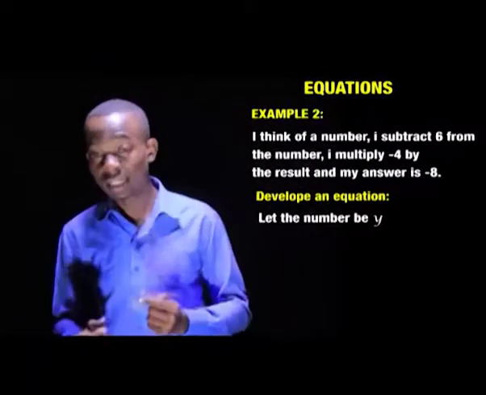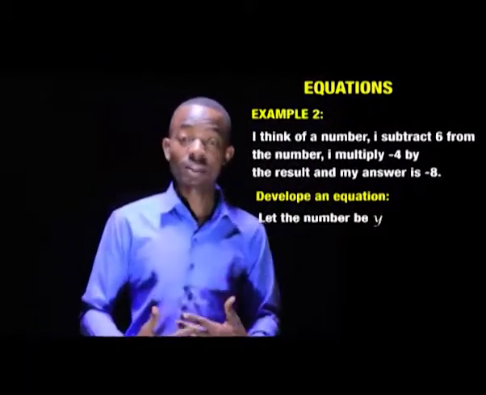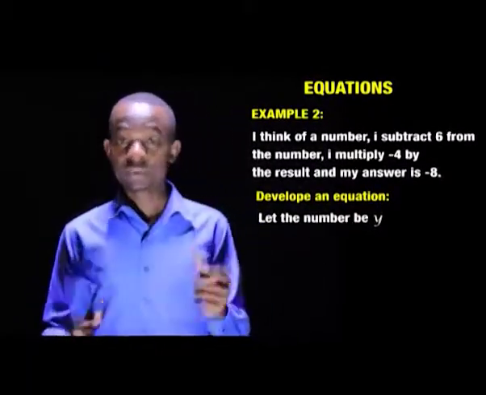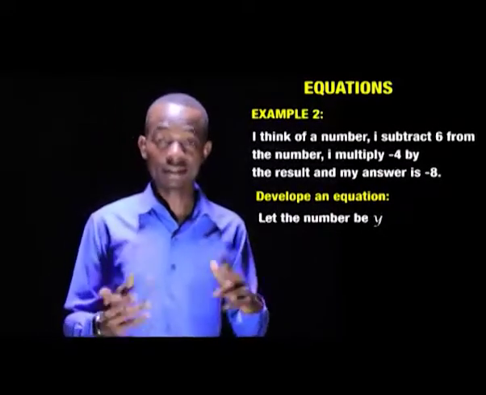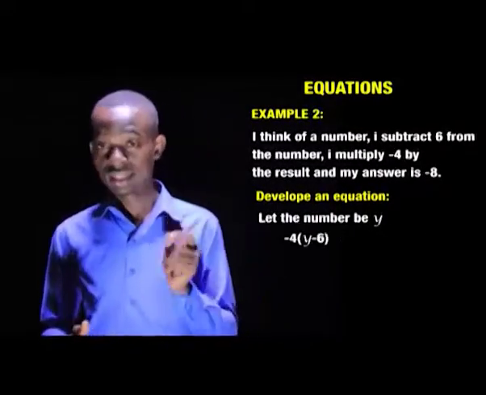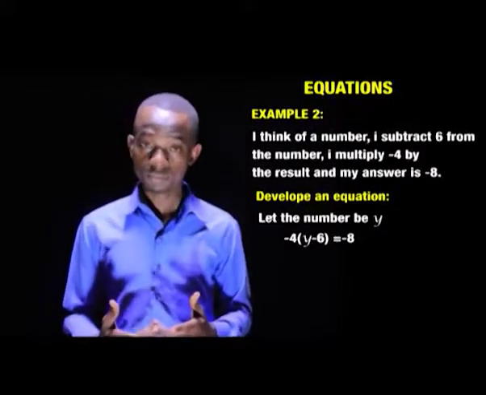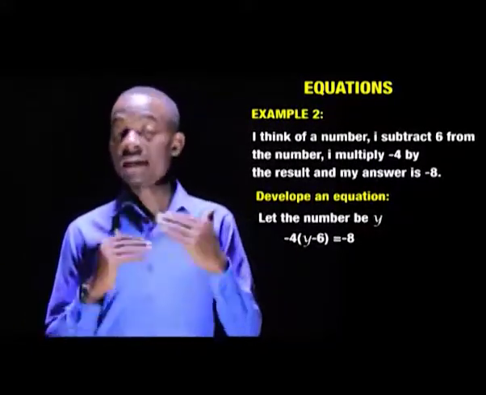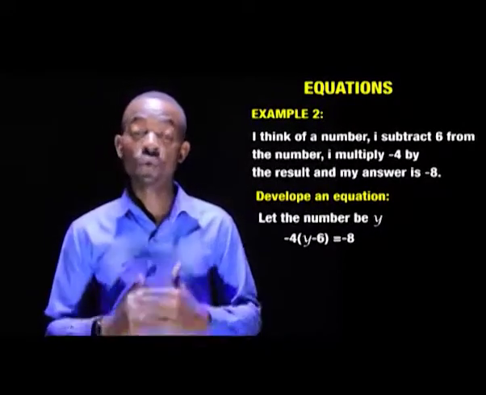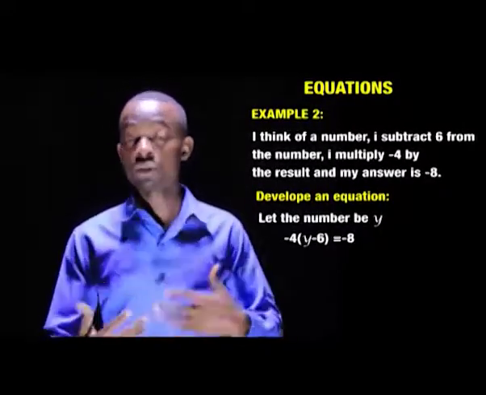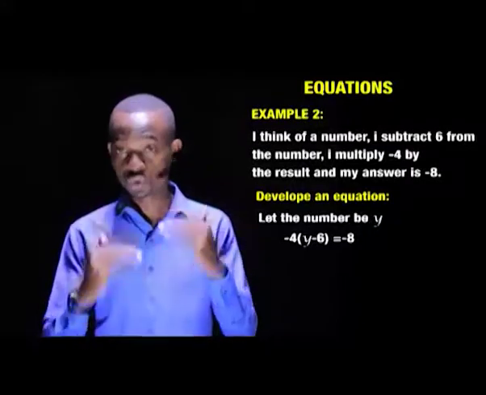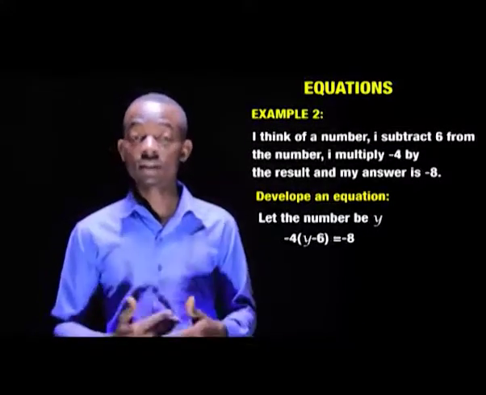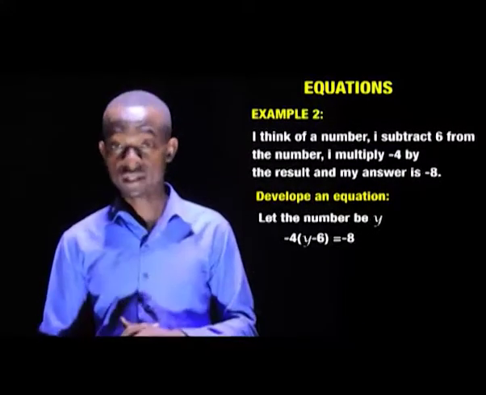Then I multiply the result by negative 4, so that means I'm going to get negative 4 times y minus 6 equals negative 8. So that is my equation, and I'm required to solve it until I get the value of y, because I've let my number to be y.